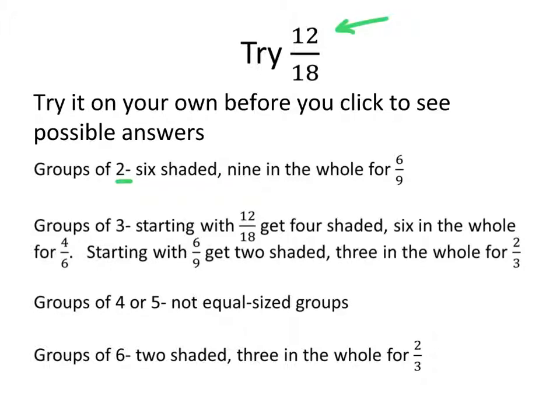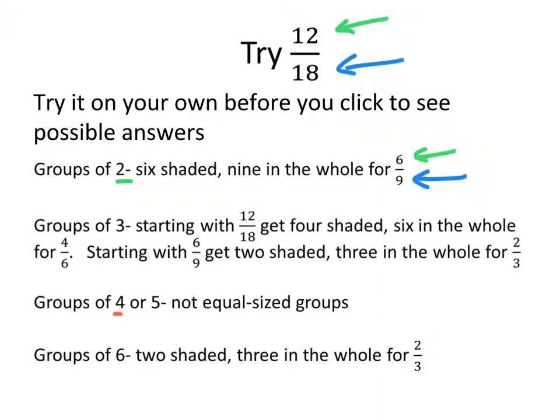So those 12 shaded parts, when I grouped them, then became 6 shaded parts. And if I take the 18 total pieces, I put them into groups of 2, that gave me 9 new pieces in my whole. So groups of 2 worked because 2 went evenly into 12 and 2 went evenly into 18.